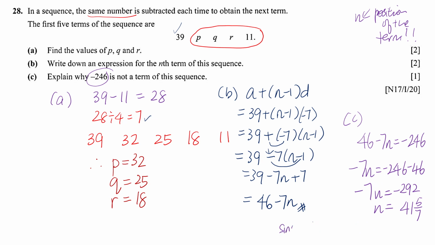Since n equals to 41 5 over 7 is not an integer greater or equal to 1, negative 246 does not exist in the sequence.